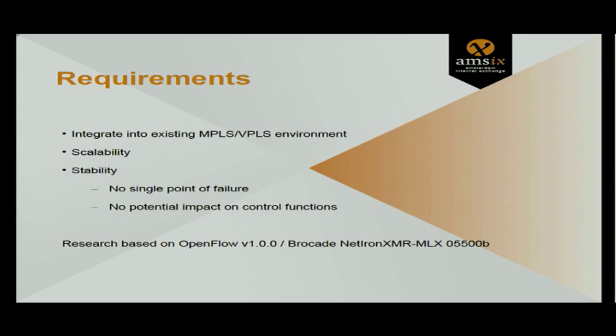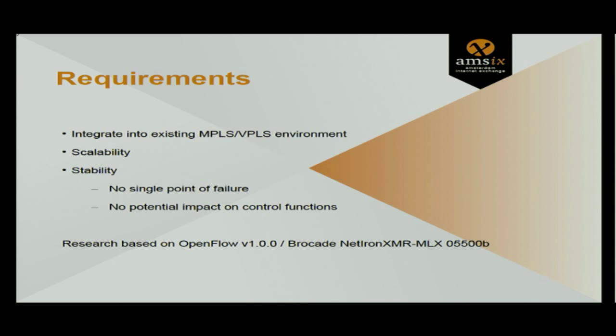But we had a number of requirements here. We wanted this to be implemented as an addition to our existing network. We have an existing MPLS network. We don't want to completely replace that with OpenFlow, because if we would do that, we would lose all kinds of features that we use now, and that would be more of a step back.